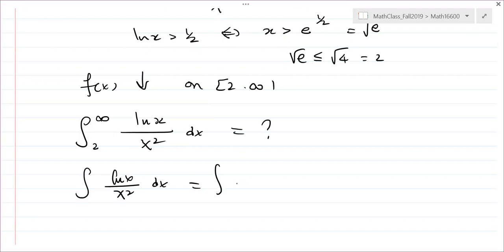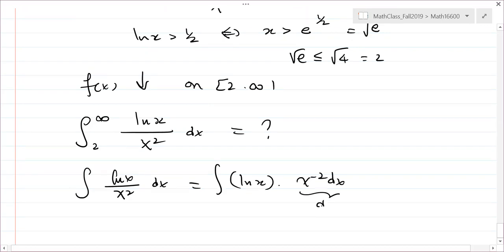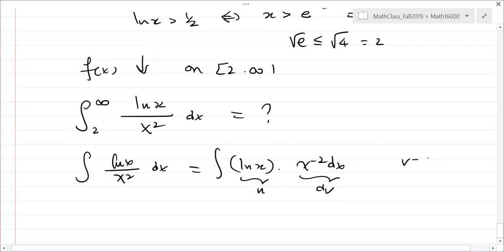So use integration by parts. You differentiate natural log x eventually, so that's u, and the rest is dv. When you differentiate, natural log is gone. But then what is v? v is going to be negative x to the negative 1.